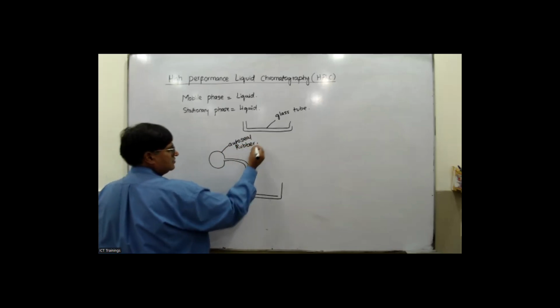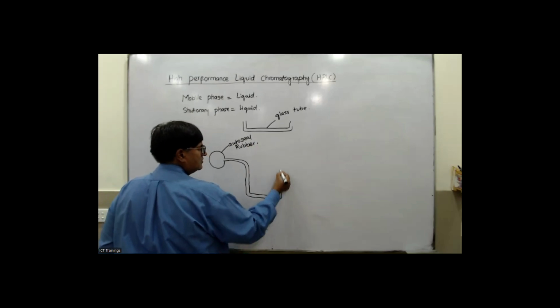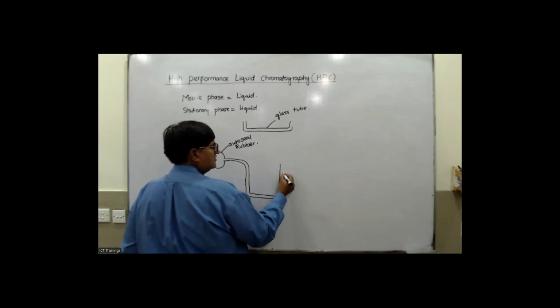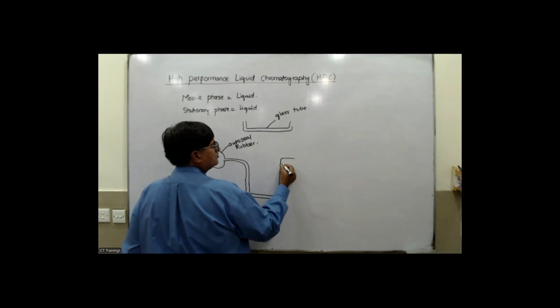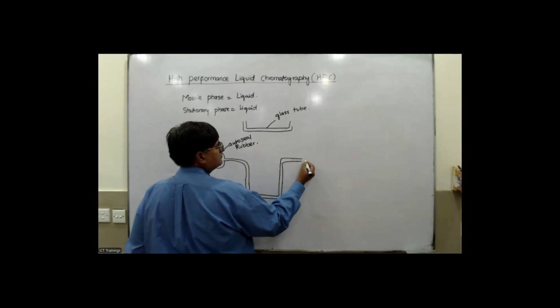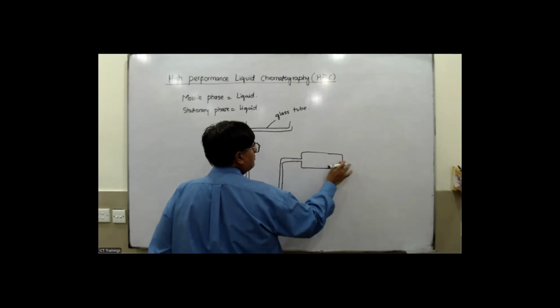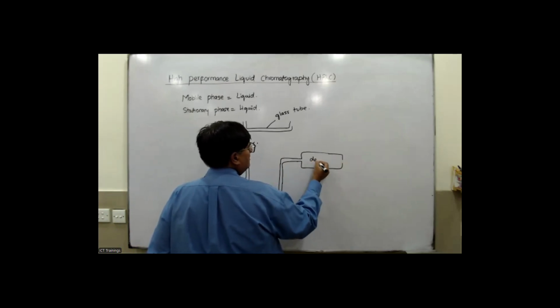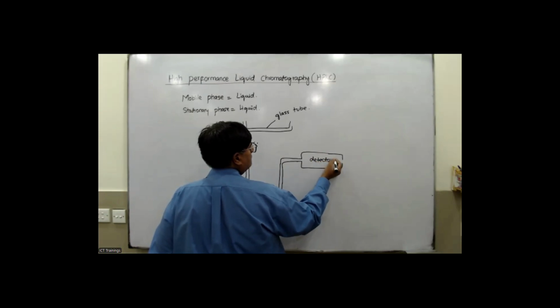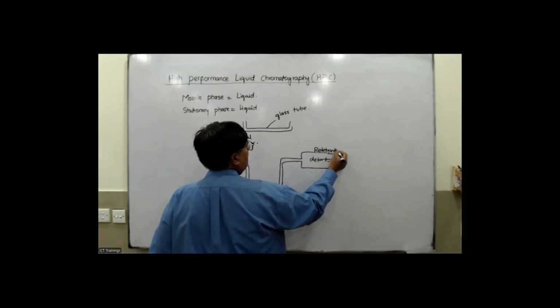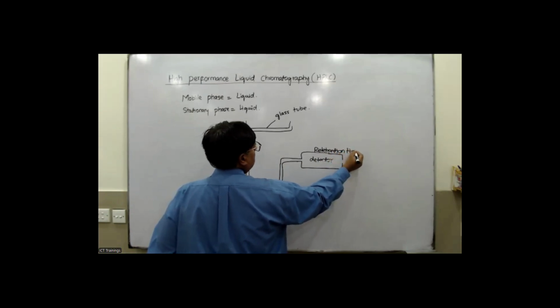Okay. And the other part of the tube is joined with the detector. And the detector, this time, also detects the retention time. The same retention time is noted by the detector.